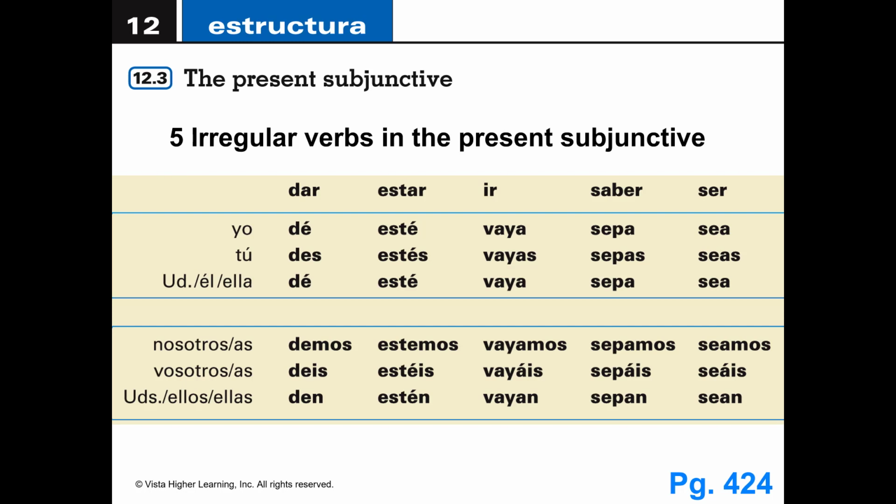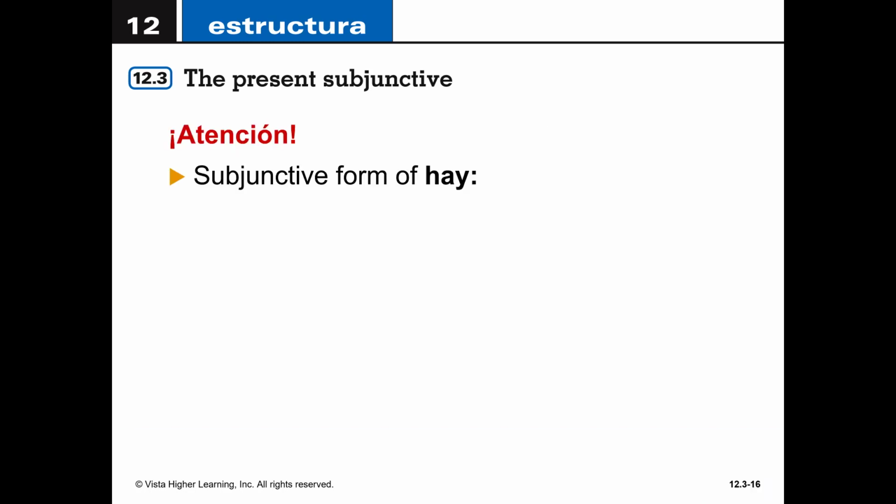Just make sure that you make a note that the present subjunctive of ir has a Y and it doesn't have 2 double L's. I've seen this one as a common error, so I wanted to point out. Vaya with a Y. Now, here's another one that I wanted to point out. The indicative of haber, meaning there is or there are, is hay.